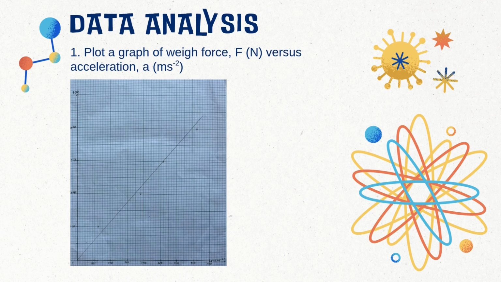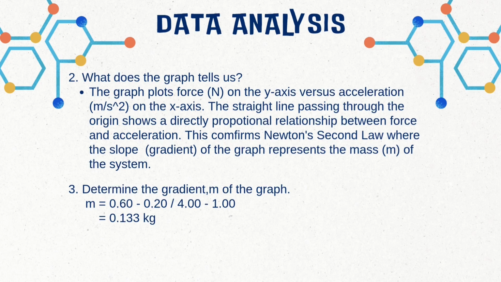As for the data analysis, there are 8 questions. The first one is to plot a graph of weight, force F in newtons, versus acceleration a in meters per second squared. This is the graph for question 1. Question number 2, what does the graph tell us?